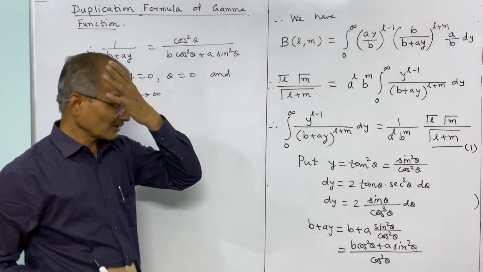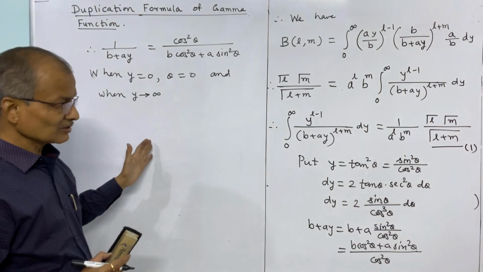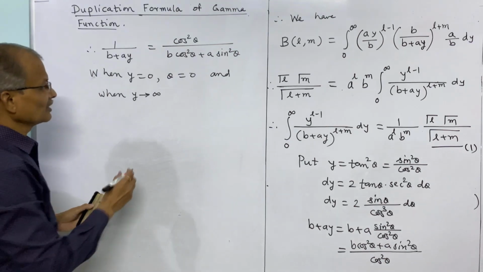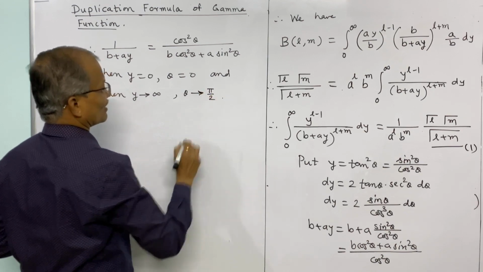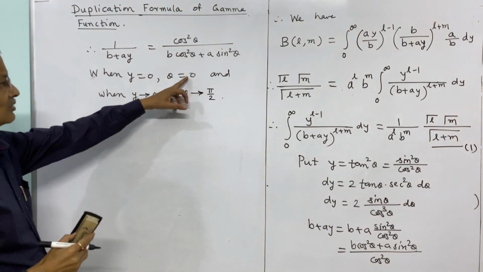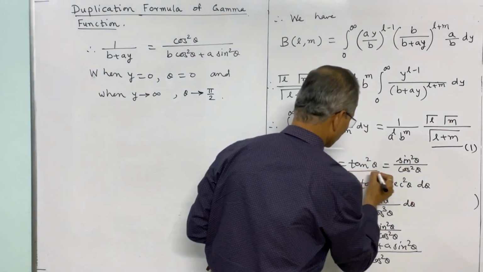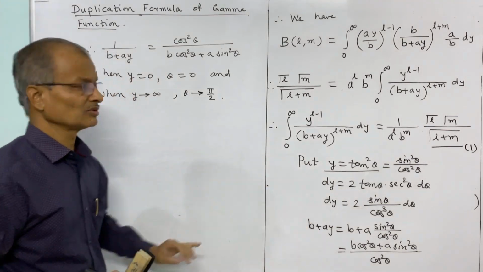And what about theta? If theta tends to pi by 2, then tan theta tends to infinity. So therefore, theta tends to pi by 2. These are the new limits, 0 and pi by 2. We should check the limit according to this substitution. So from substitution only we are doing all the changes.